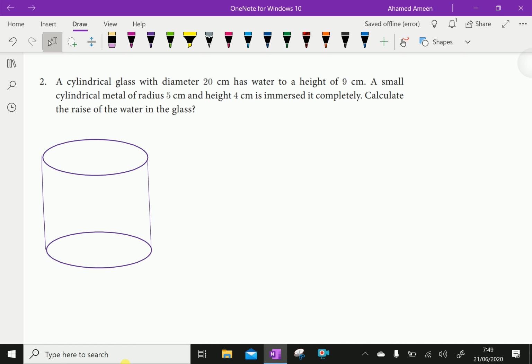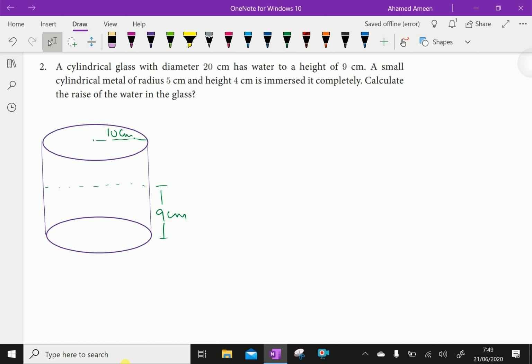Here the water level is 9 centimeter. Suppose this is the water level. The radius is 10 centimeter, because diameter is 20, radius is 10 centimeter.